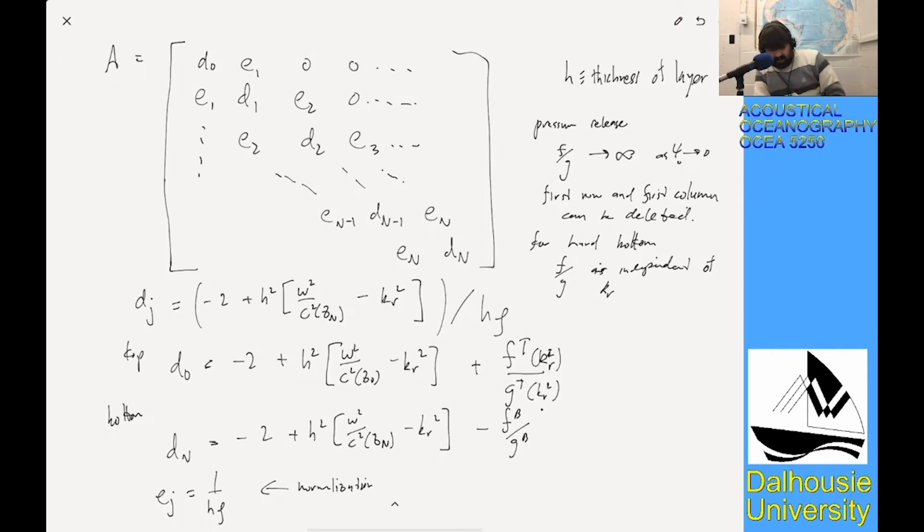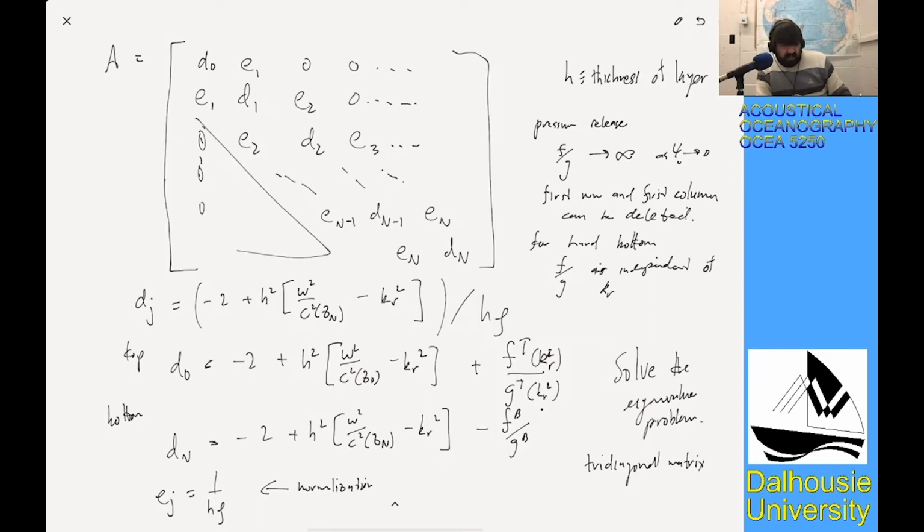So now all we need to do is solve the eigenvalue problem. Not only do we have a tridiagonal matrix, there's zeros everywhere else. So we really just have these three lines down the center of the matrix, down the diagonal of the matrix, plus 1 and minus 1.